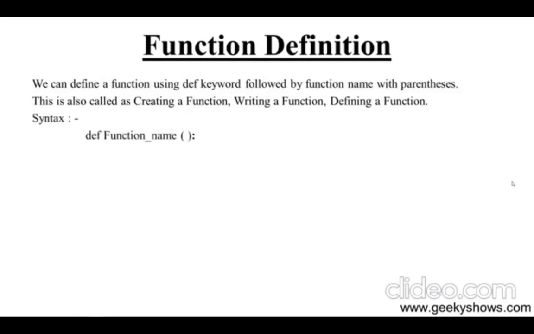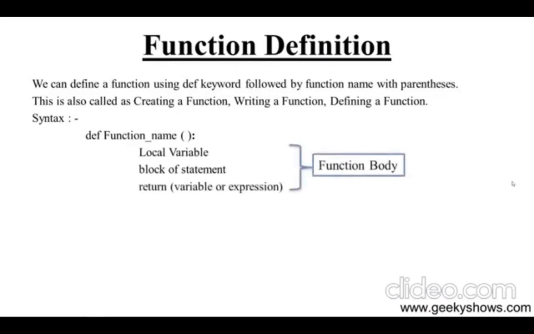For example, we can see the syntax below: the def keyword, function name, parentheses, followed by a colon. And we can declare the local variables, block of statements, and the return statement, the variable or expression. That's called the function body.